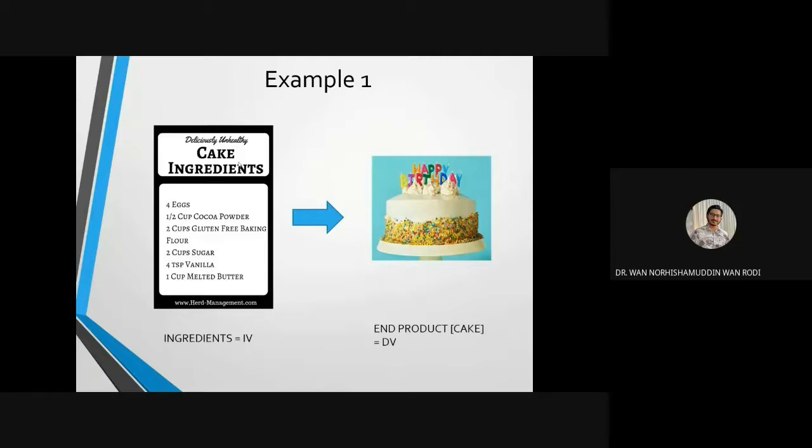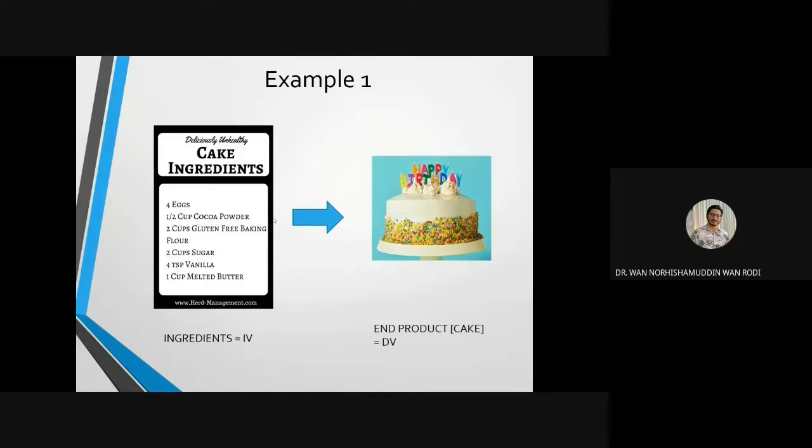Okay. Let's say if we want to cook a delicious cake, you need to have a proper, accurate amount of ingredients for eggs. So let's say our ingredients are lacking: instead of 4 eggs, we only put 2 eggs, or maybe we put a very little cup of cocoa powder.